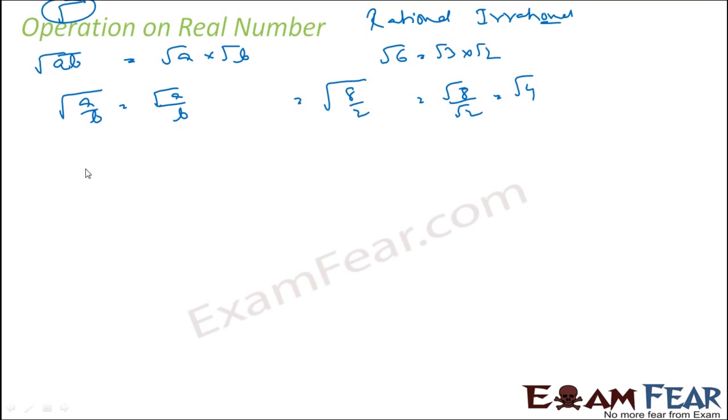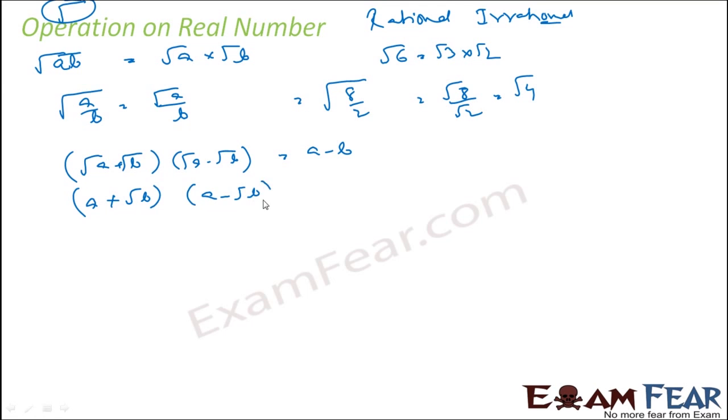Similarly, root A plus root B into root A minus root B will be equal to A minus B. Same thing: A plus root B, let's suppose, into A minus root B. What will this be equal to? Let's see.